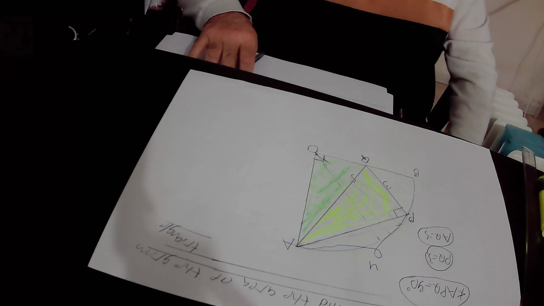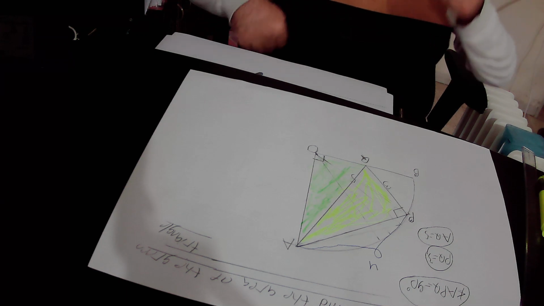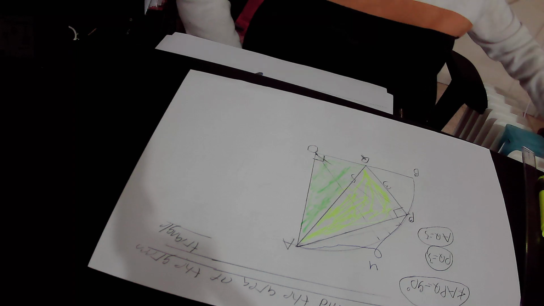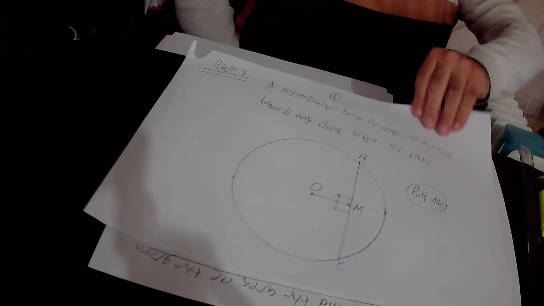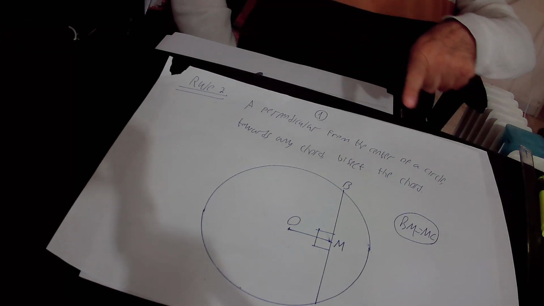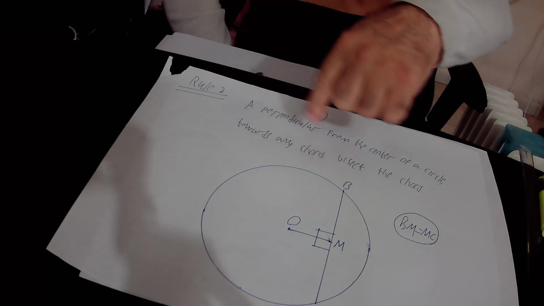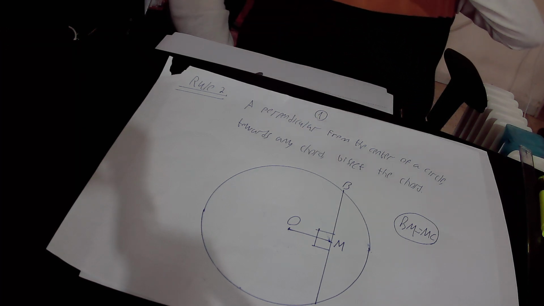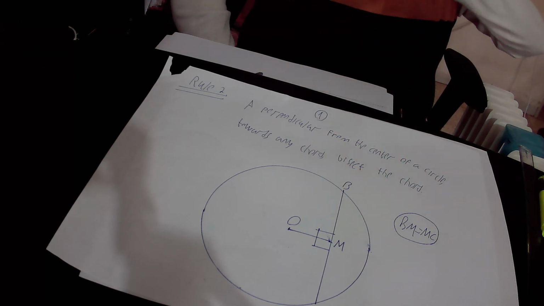And we have rule number 2, that a perpendicular from the center of the circle towards any chord bisects the chord. According to rule number 2, a perpendicular from the center of a circle towards any chord bisects the chord. Point O is the center of this circle. If from point O we draw a perpendicular towards chord BC, it will bisect chord BC.